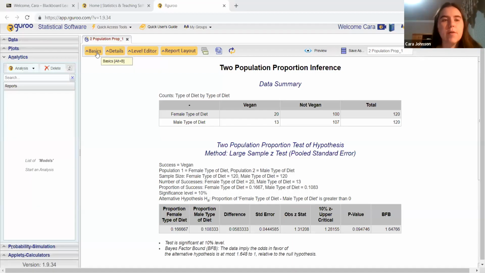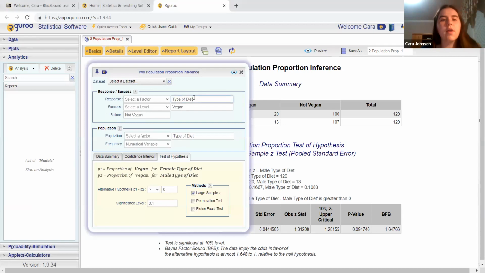All right, so I'm just going to go under basics and edit what we had before. So our general variable here would be recommending a fast food restaurant. And then a success would be recommending, and a failure would be not recommending.